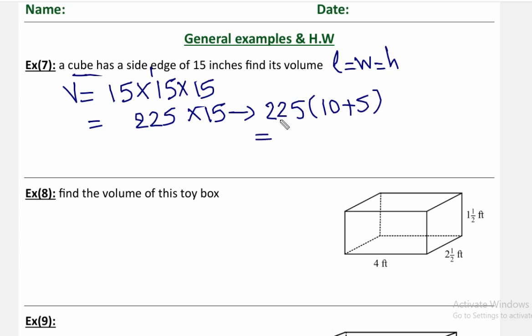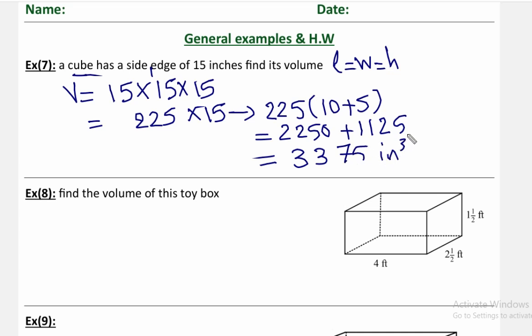So 225 times 10 is 2250, plus 225 times 5 is 1125. Make a simple addition, you will get 3375 inch cube.